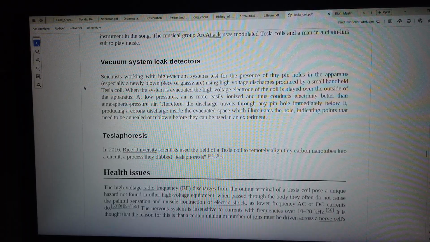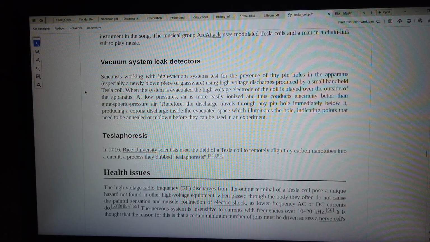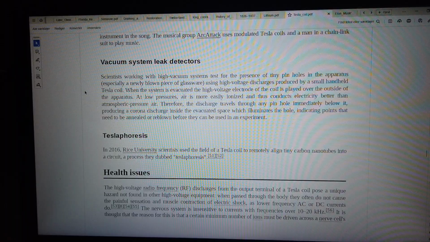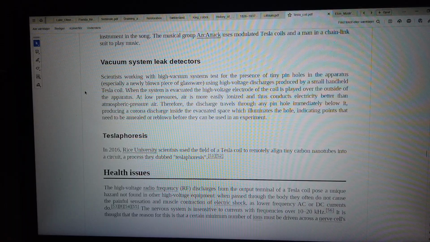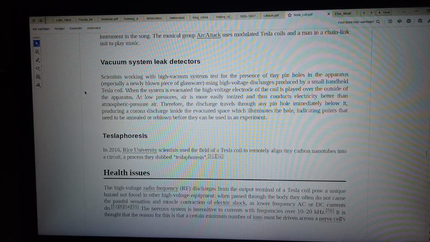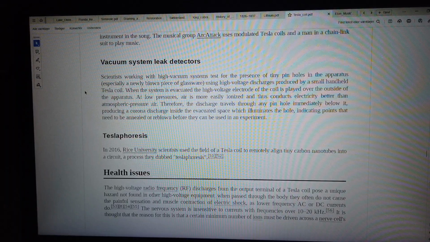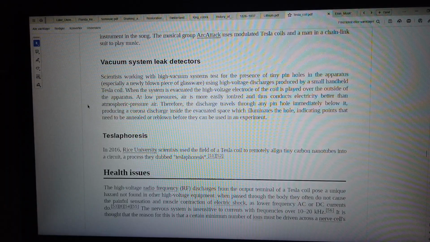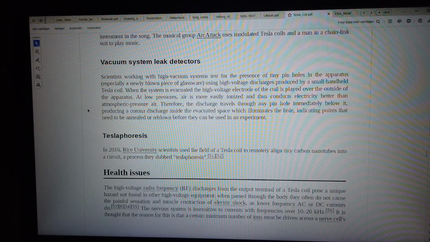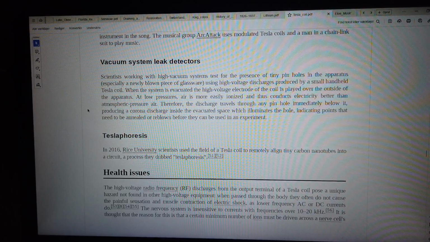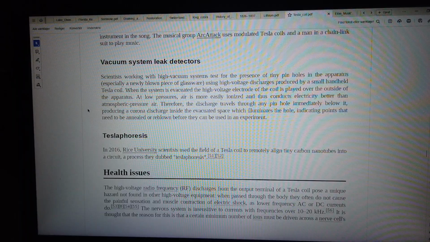Vacuum system leak detectors. Scientists working with high vacuum systems test for the presence of tiny pinholes in the apparatus, especially a newly blown piece of glassware, using high-voltage discharges produced by a small handheld Tesla coil. When the system is evacuated, the high-voltage electrode of the coil is played over the outside of the apparatus.